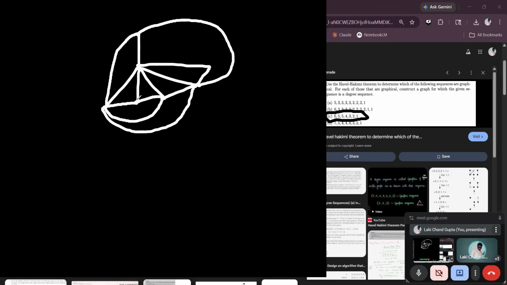Its degree is 4 and its degree is 3. And one is 2. But the graph is not possible, right?